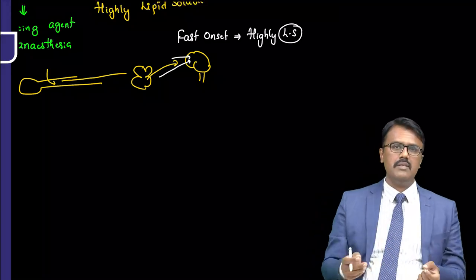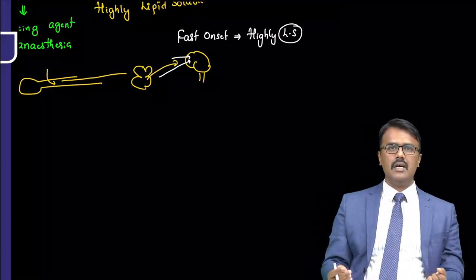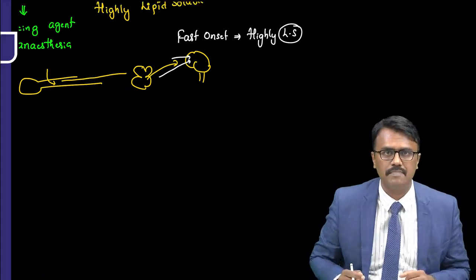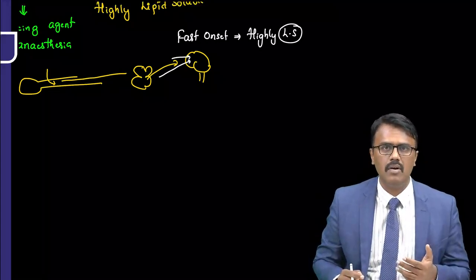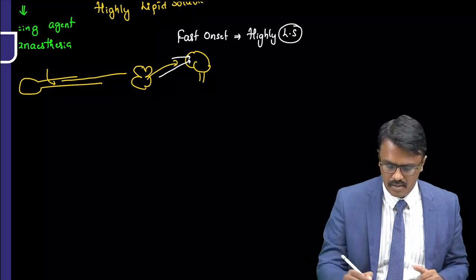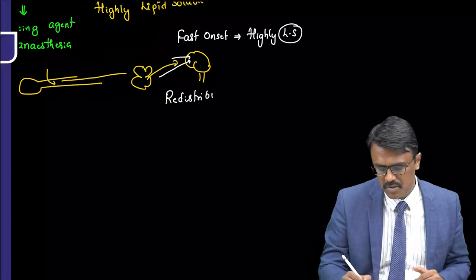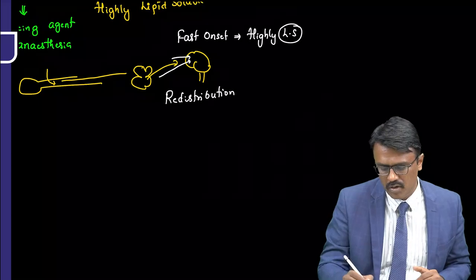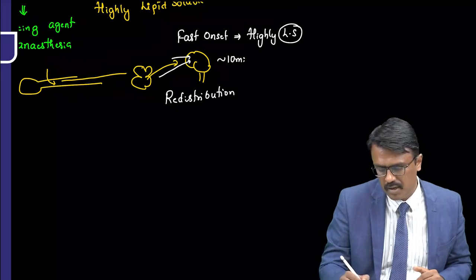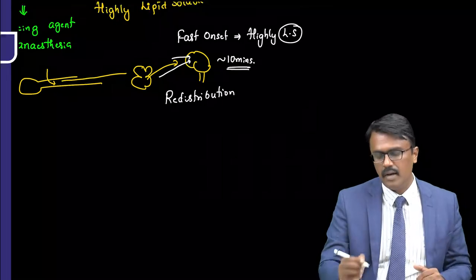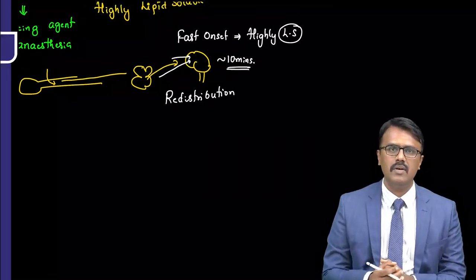Now, when we have given the anesthesia to the patient, he is under anesthesia. After 10 minutes, the patient will come back and become conscious again. Why? Because the drug has undergone redistribution, and because of redistribution the drug works only for 10 minutes in the brain, and the patient becomes conscious again.